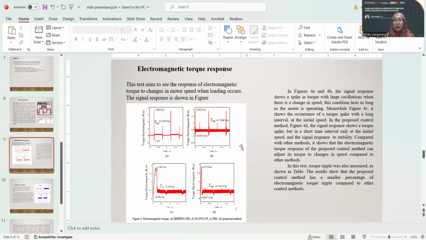Compared with other methods, the electromagnetic torque response of the proposed control method can adjust its torque to change in speed better. In this test, torque ripple was also measured as shown in the table. The results show that the proposed control method has a smaller percentage of electromagnetic torque ripple compared to other control methods.